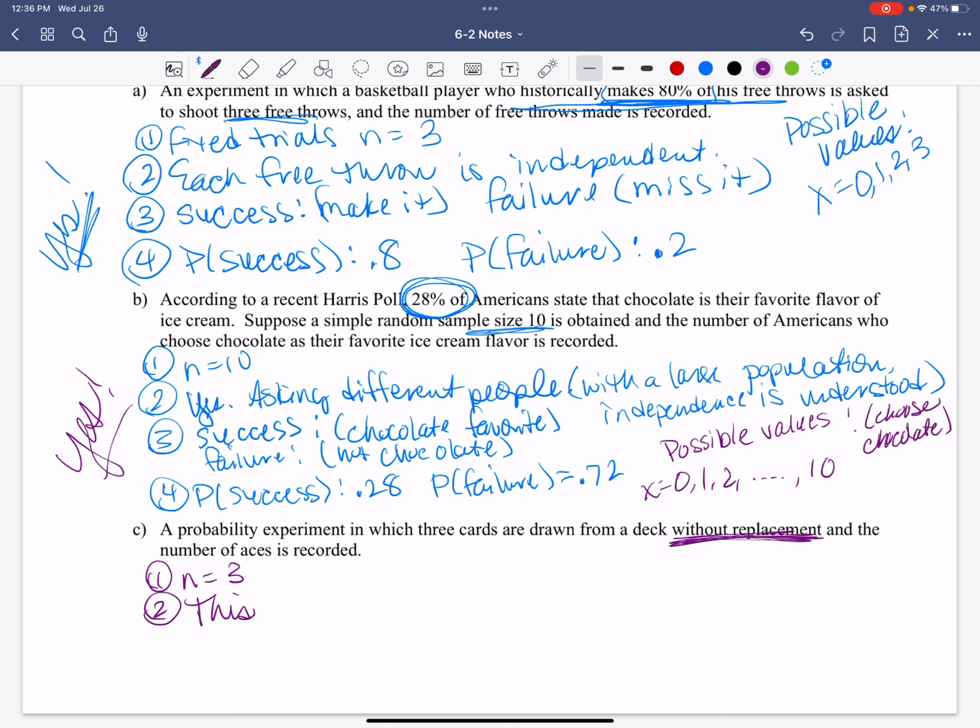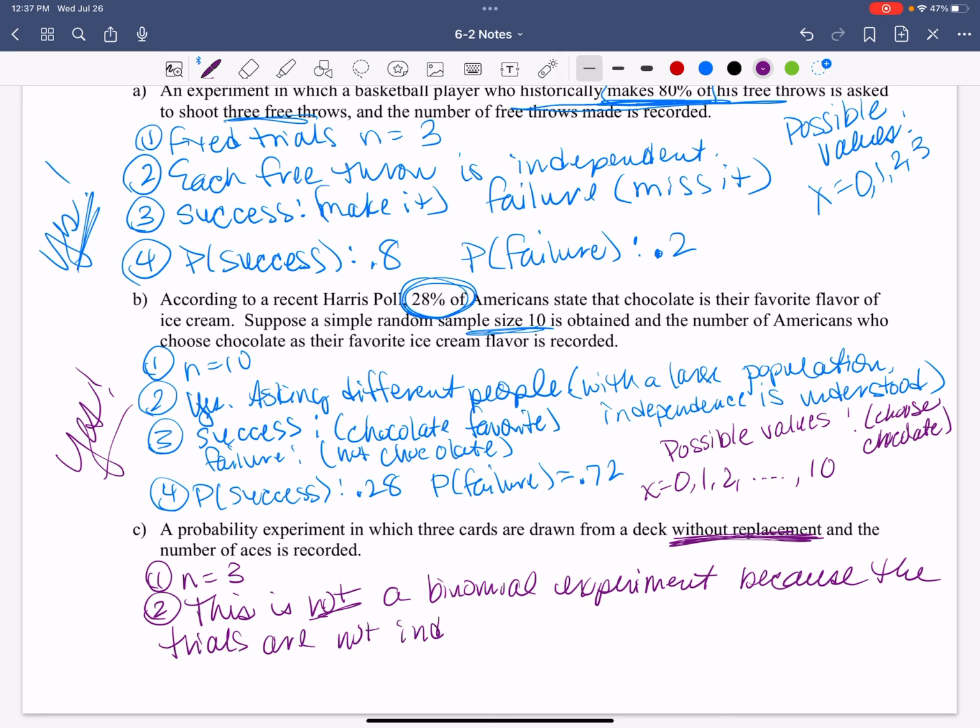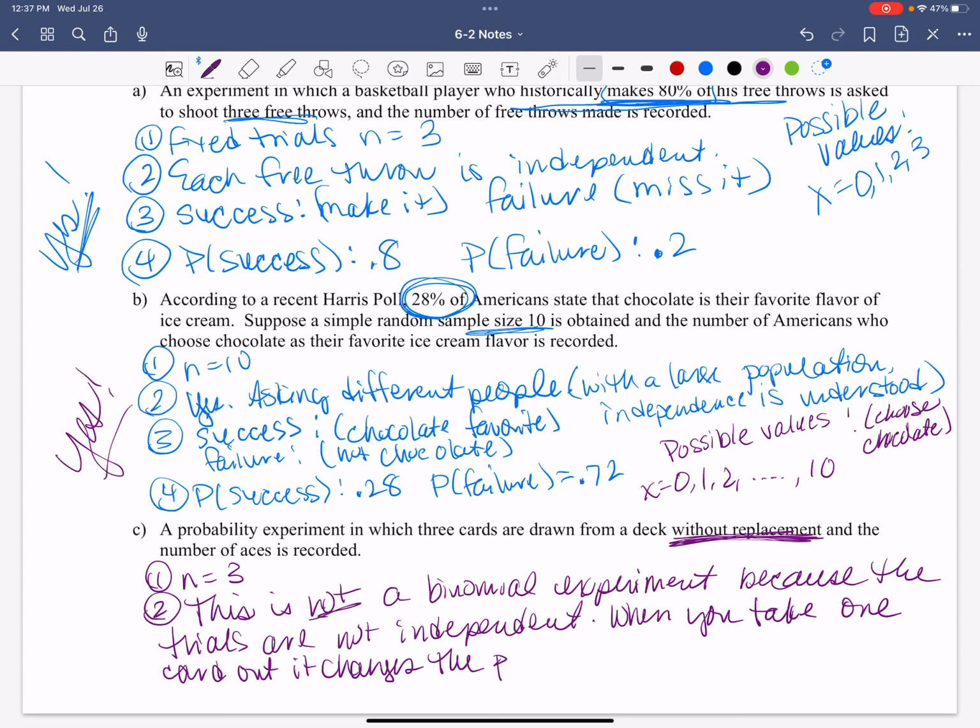So this is not a binomial experiment because the trials are not independent. When you take one card out, it changes the probability of the next card.